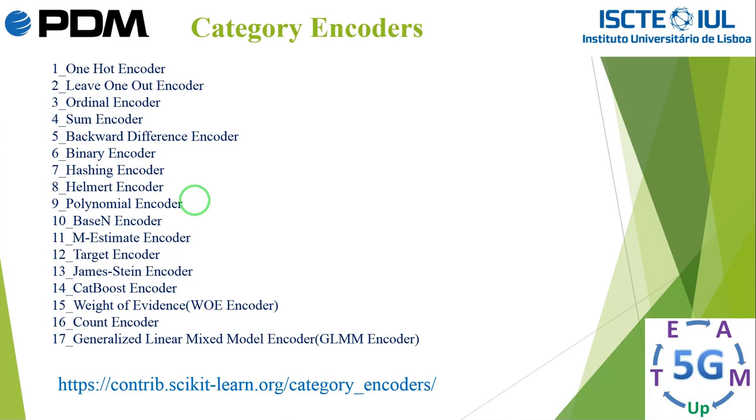And for the other category encoders that don't need access to the target or the label, for example One Hot Encoder, which we explain in the next slide, we call them unsupervised category encoders. Here we want to explain One Hot Encoder because it's very popular and commonly used by researchers.